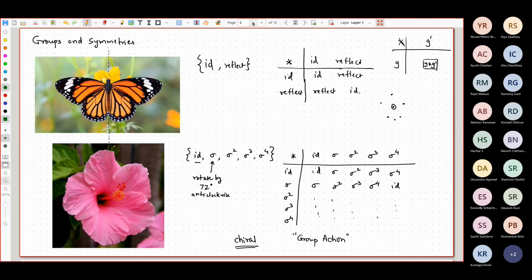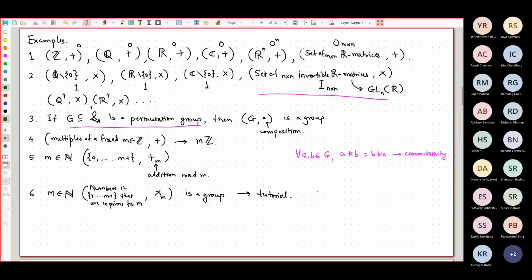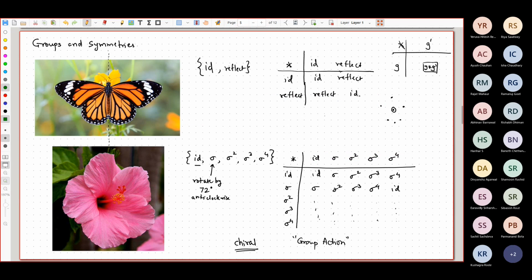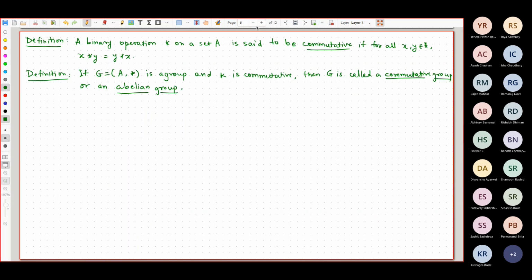Basically, all the examples that we saw over here, except these two, were abelian groups. But obviously, not all groups are abelian groups. Okay, any questions up to this point?